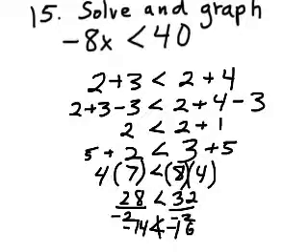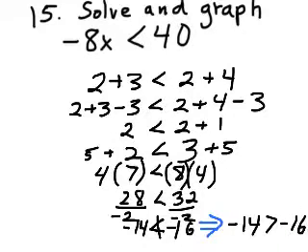Instead of negative 14 being less than negative 16, it's actually greater. So we turn the sign around. Negative 14 is greater than a negative 16. The only difference of dealing with inequalities as opposed to an equation is that when you divide or multiply by a negative number, you've got to turn the sign the other direction, because you see what happens.